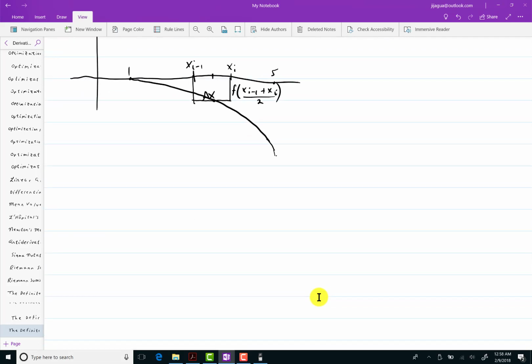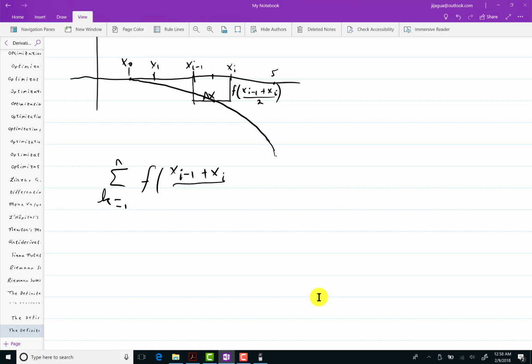So how should we start this then? I think these were okay to start at 1 and end at n. Let's just make sure. I usually try to make sure that works at the beginning and the end. If this is x sub 0, and then I have an x sub 1, let's see what happens when I have f of (x sub i minus 1 plus x sub i) over 2.